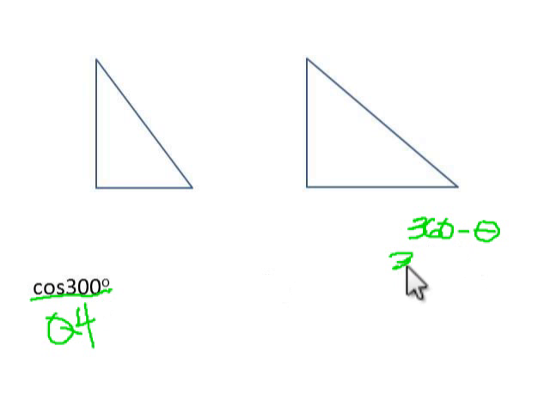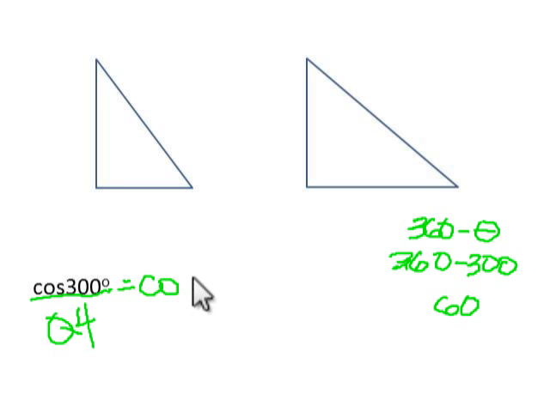So that will be 360 minus 300. So, ang lalabas sa sagot dito is 60 degrees. So, ang reference angle ni cosine 300 ay cosine 60. Okay? Then, ang susunod natin gagawin, kunin mo yung value ni cosine 60.